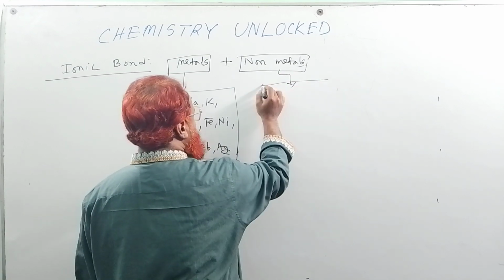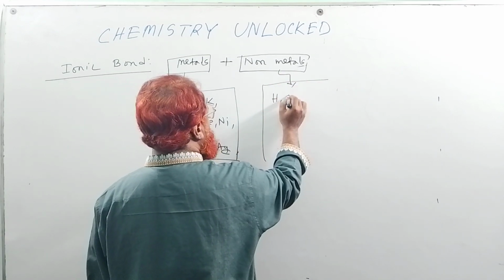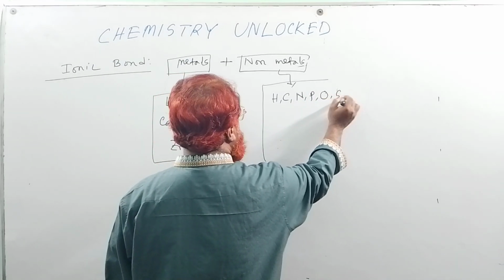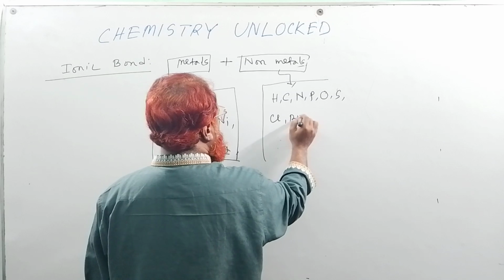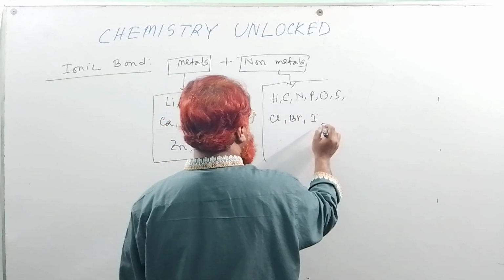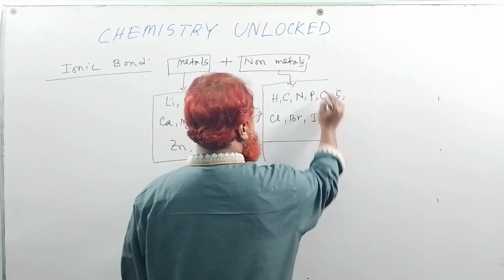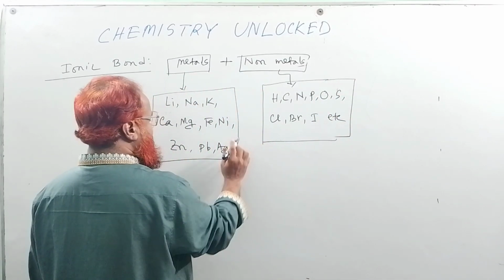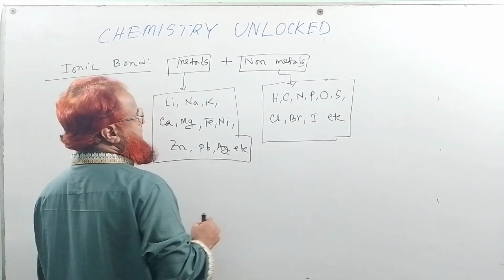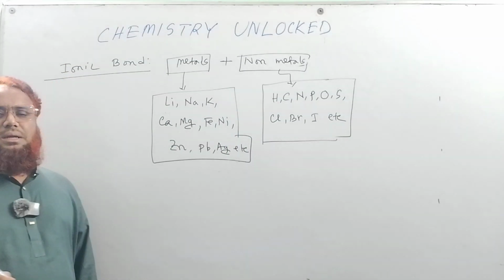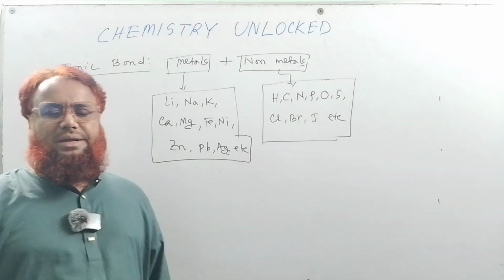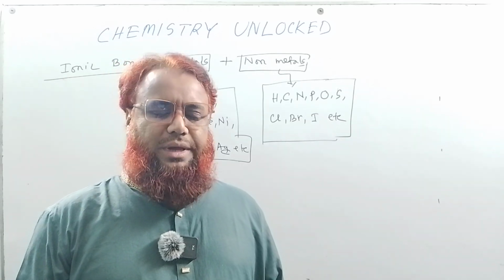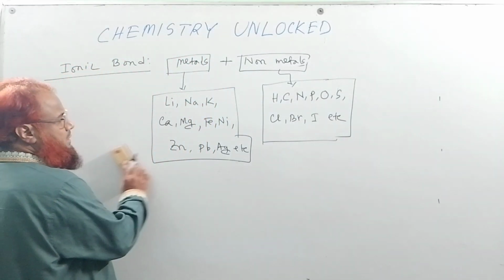Now the non-metals: hydrogen, carbon, nitrogen, phosphorus, oxygen, sulfur, chlorine, bromine, iodine, etc. So these are the very common metals and non-metals. Here students, look at here. We will try to make the ionic bond between these metals and non-metals. Okay. So now let's start bonding.